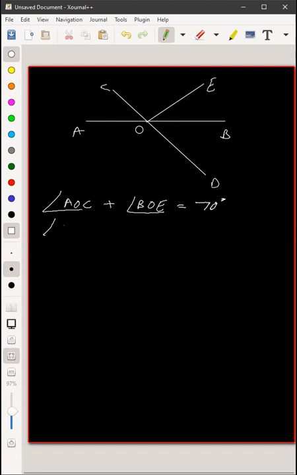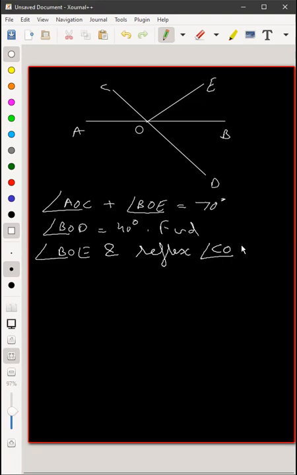We are also given that angle BOD is equal to 40 degrees. Find angle BOE and reflex angle COE. Quickly do this.